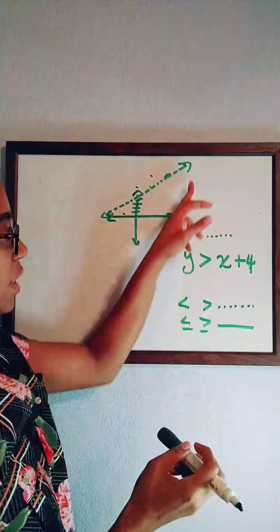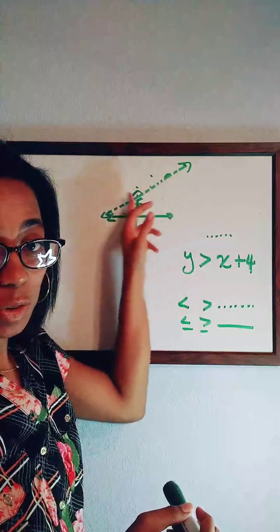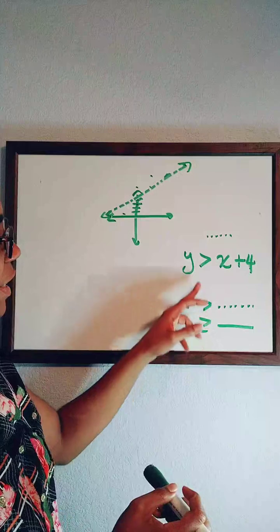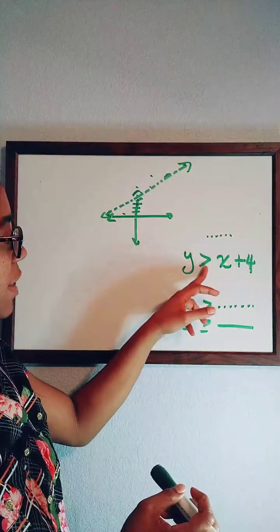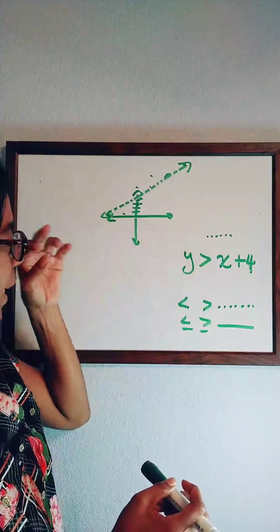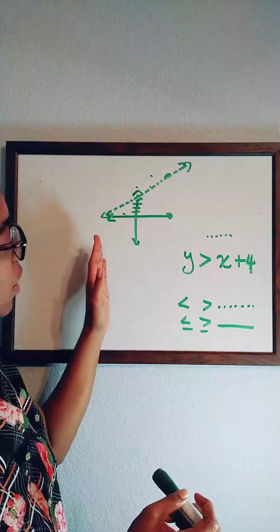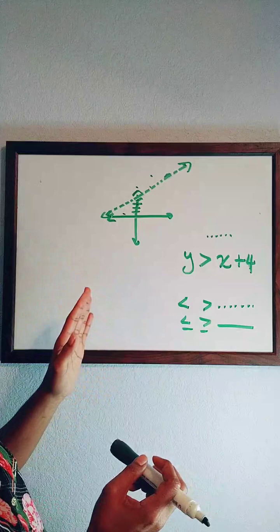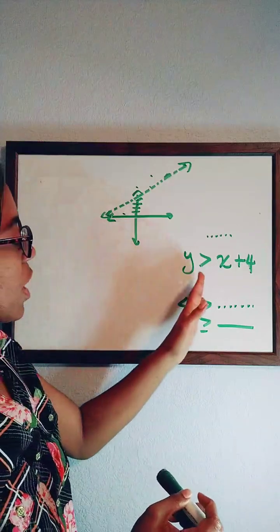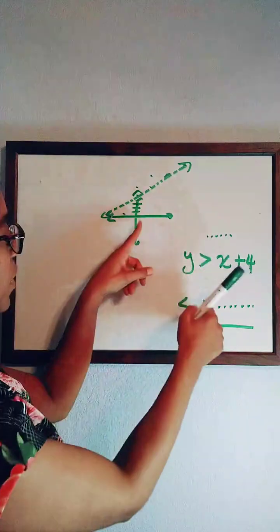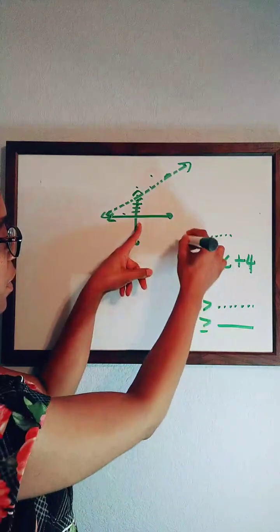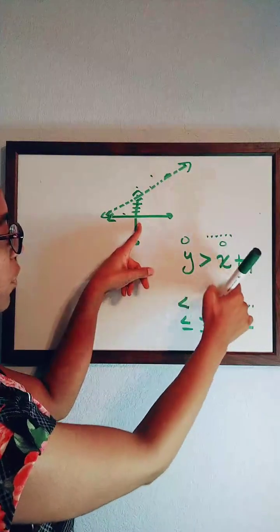So it's a dotted line because that means that the points on this line are not included, right? And it says everything that's greater than this. So if it's greater than, then I'm going to shade. All these always make me so confused. Okay, so I used to tell my students, pick a number, if it's 0, 0, right? Is 0 greater than 4?